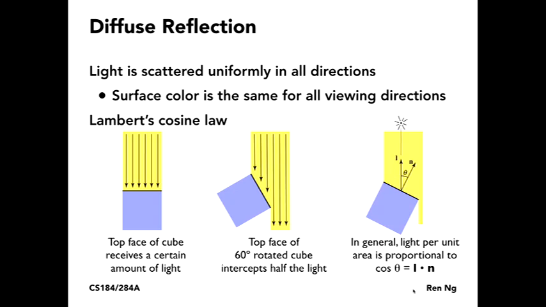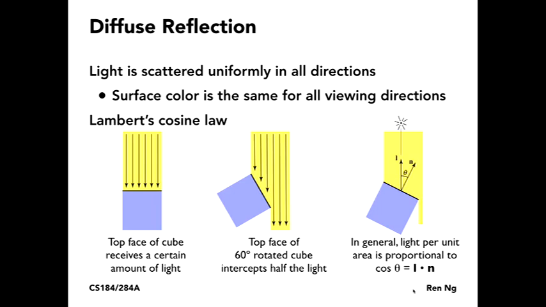The question is, what do I mean by scattering in all directions? Does this mean that when the light hits the surface, it goes equally into all directions? That's exactly what I mean. How much light is falling on the surface is one of the key factors, given by this diagram here. After you know how much light is falling on the surface, and you want to know what the color is going to be in another direction, it depends on how it's reflecting it.